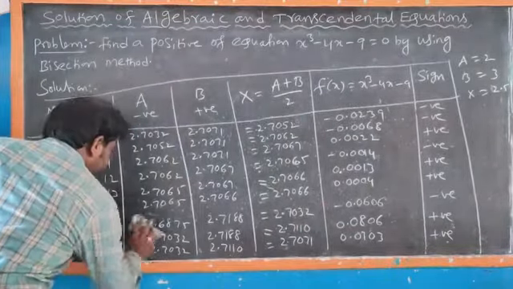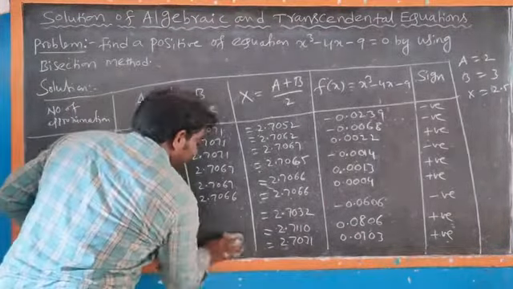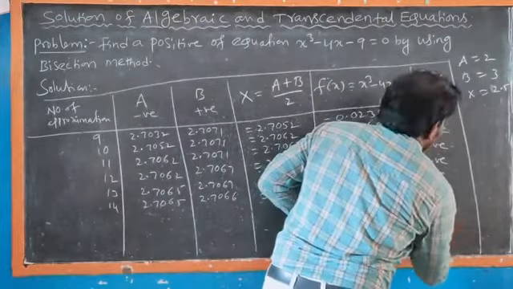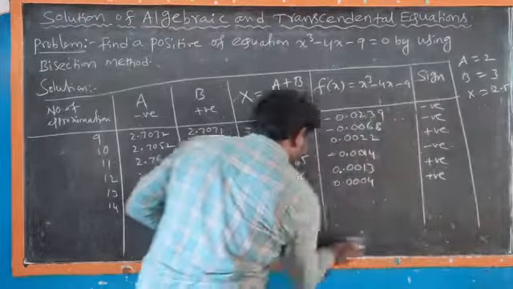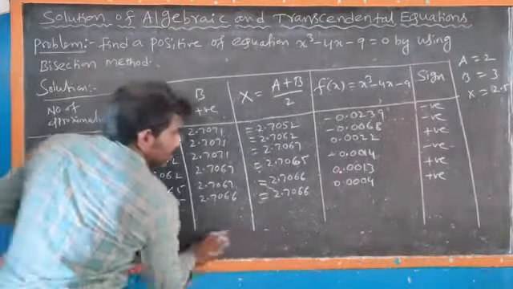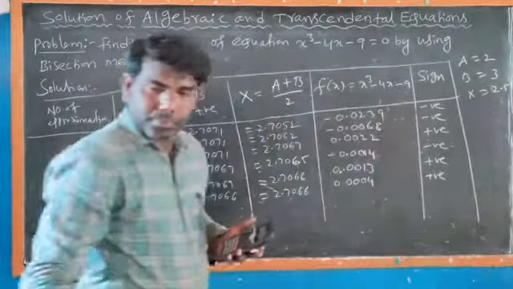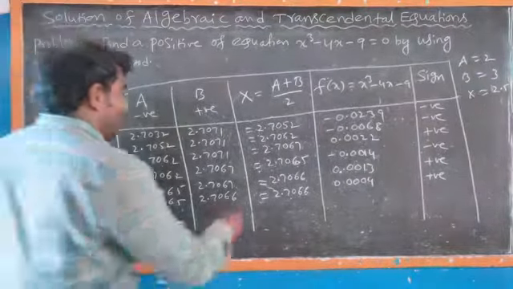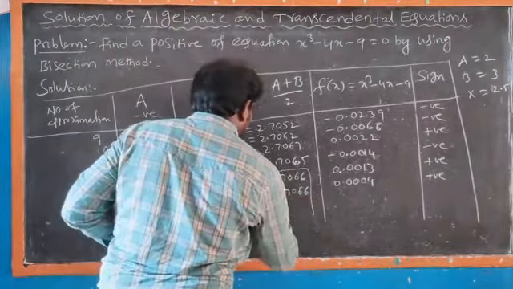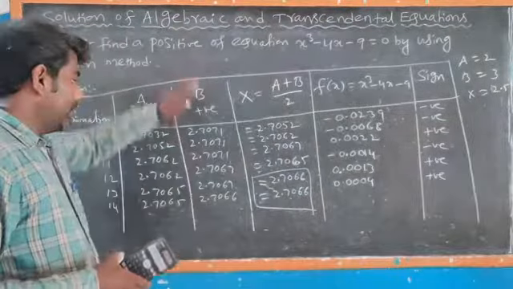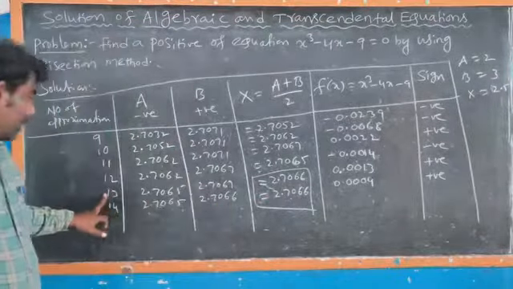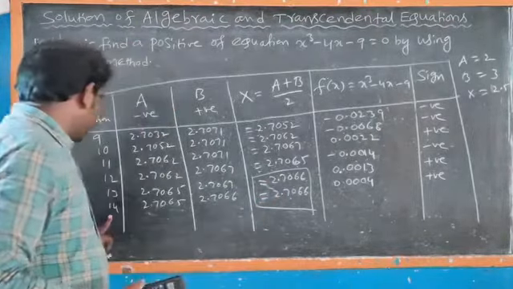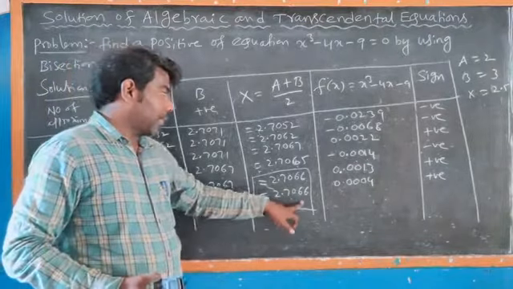Now observe here the 13th and 14th approximations. The 13th and 14th approximations are the same. The 13th approximation is 2.7066. The 14th approximation is 2.7066.